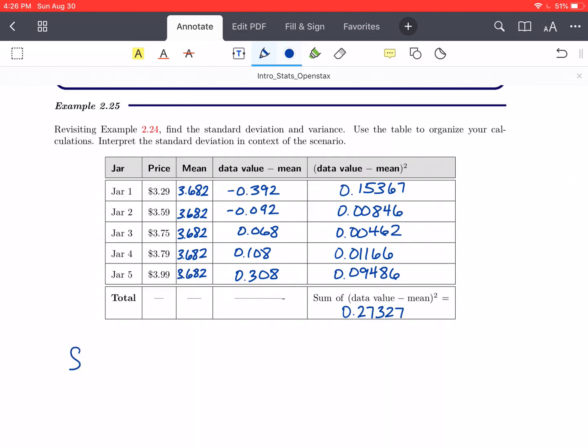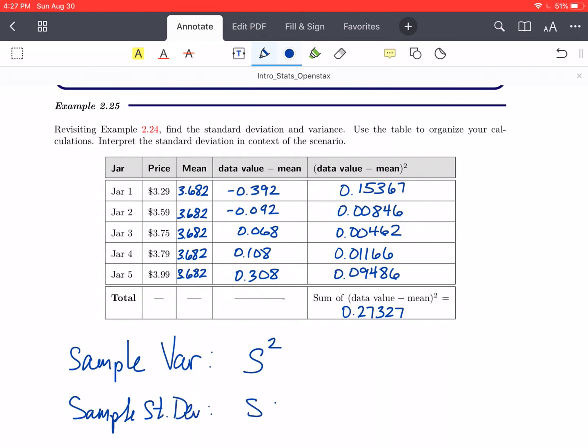So we're looking for sample variance, that's s squared, and sample standard deviation, that's just s. The sample variance is just standard deviation squared, so basically just don't take the square root.